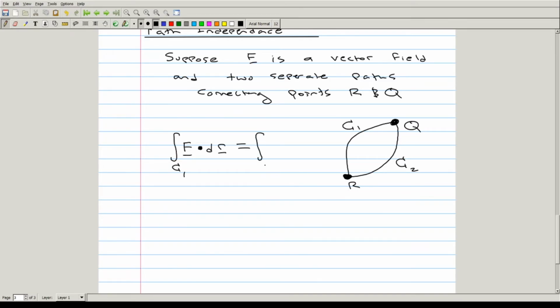The line integral of F dot dr over C1 is equal to the line integral of F dot dr over C2.